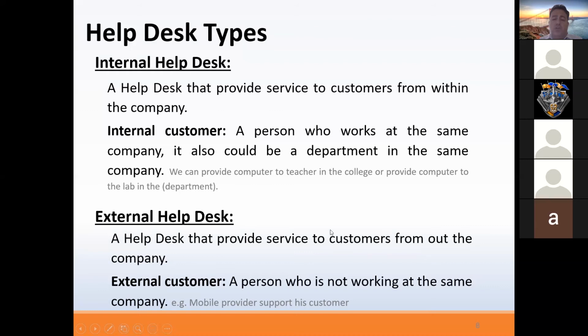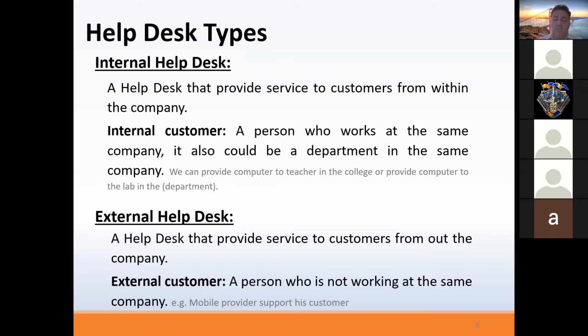So for Ooredoo, if one of you gets hired tomorrow in the Ooredoo help desk, will he be dealing with internal customers or external customers? External customers. When you have a problem at your own home right now, you call Ooredoo. Are you working for Ooredoo? No, I'm not working for Ooredoo. When you call them, you are an external customer.